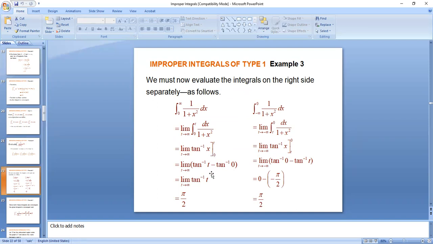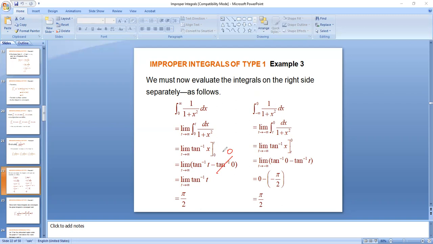Now, what would be the answer to this arctan of infinity? You think of an angle whose tangent will be an error if you process it in your calculator. That angle is actually 90 degrees, so that's your pi over 2. Whereas if we find the arctan of 0, or an angle whose tangent is 0, that would also be 0.